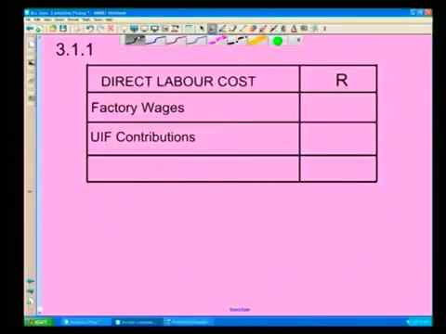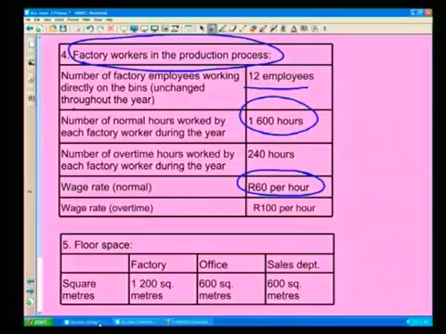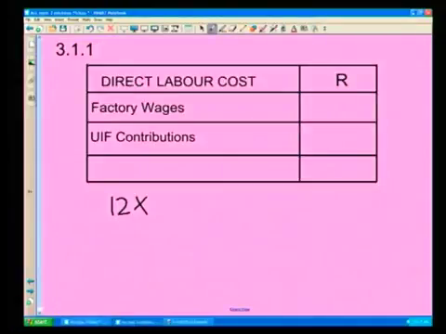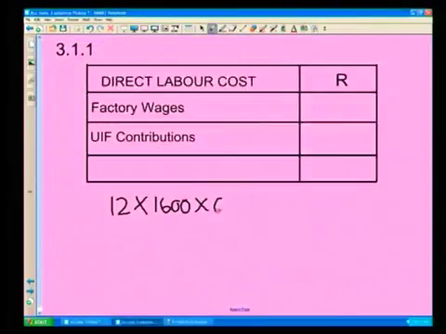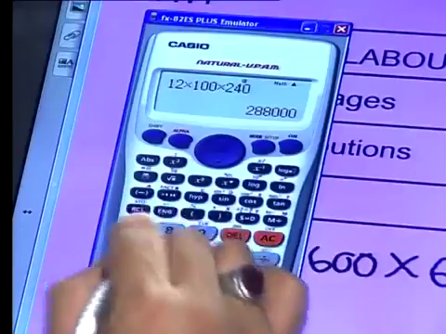So we do a calculation. Do we have the information? Certainly we have. We know that we have 12 workers, times 1,600 hours each, times the rate.